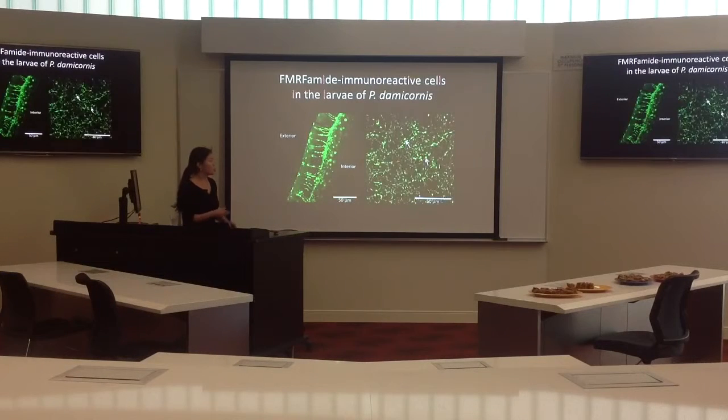And this is just a different view. So this is looking across the top, the surface of the larva. And here you see these cells as a network of cells, really. And cnidarians have simple nervous systems that contain a nerve net that transduces signals back and forth. And so it's not surprising to see this kind of network there.